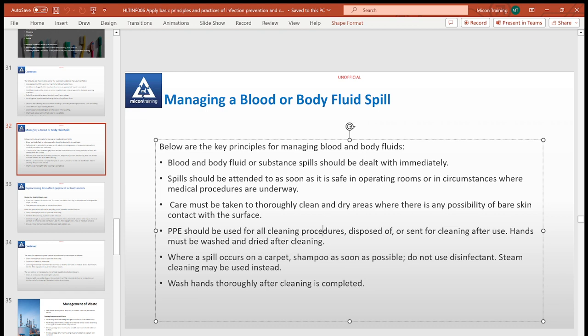Hand washing must also be conducted, and we should dry our hands appropriately after cleaning these areas. Where a spill occurs on a carpet, we should shampoo it as soon as possible, and we should not use disinfectant.